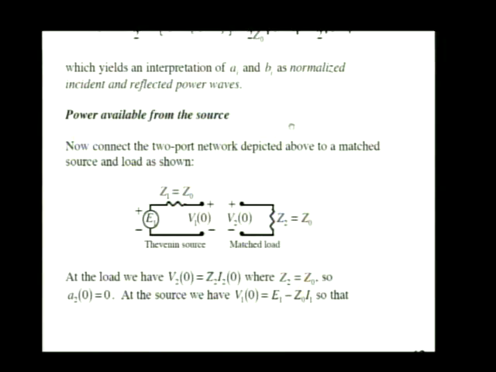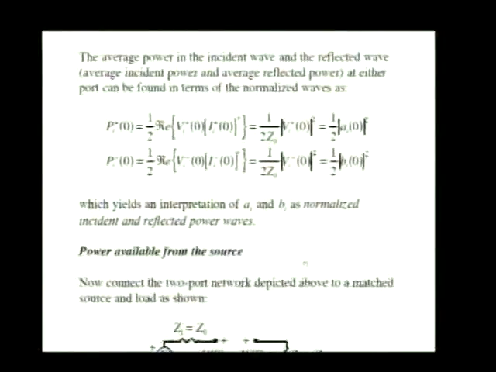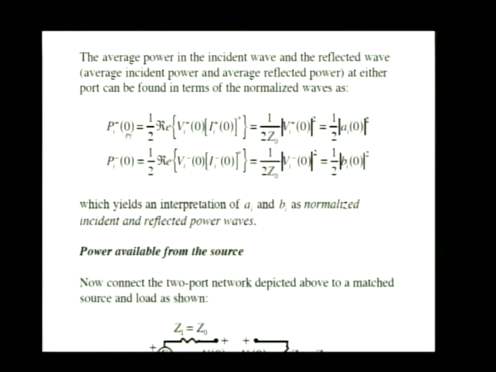some interesting results. The first result that we ended up with was an interpretation of the incident and reflected waves as being related to the power incident and reflected off of the two ports. And remember, the subscript i is just 1 or 2, depending on whether we're talking about port 1 or port 2.